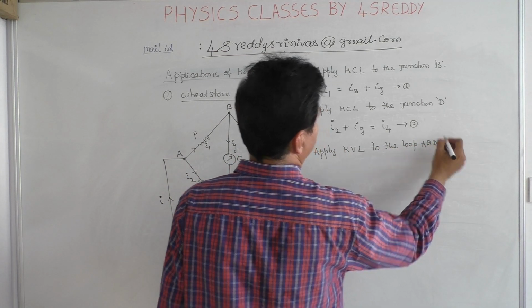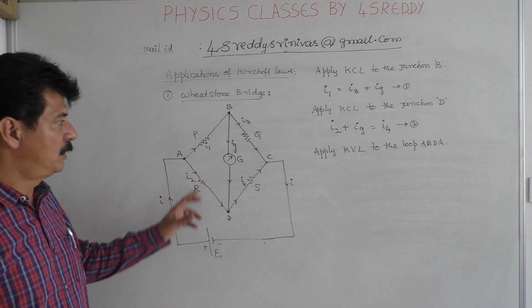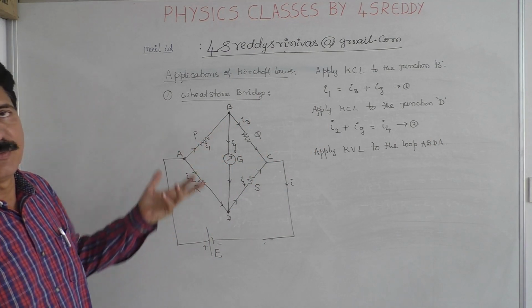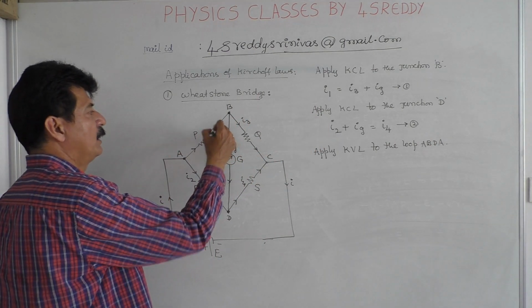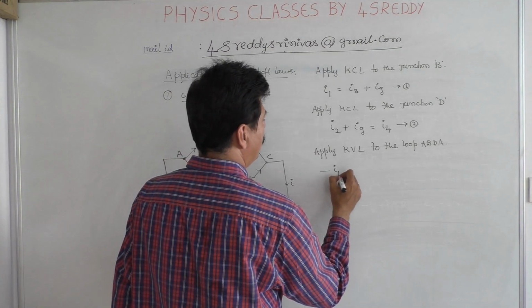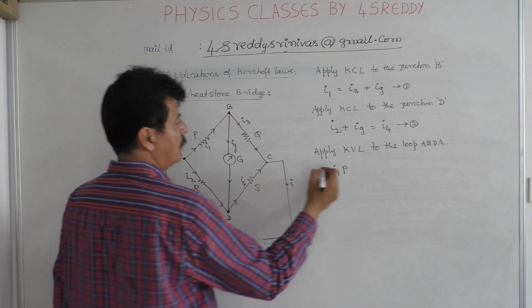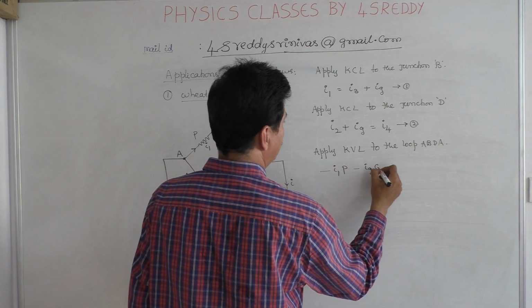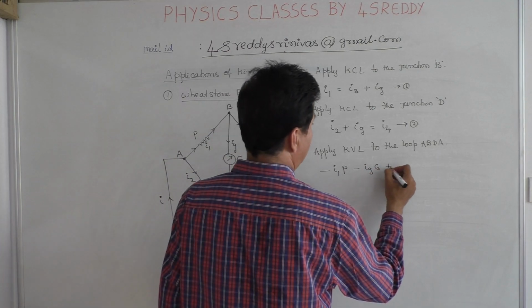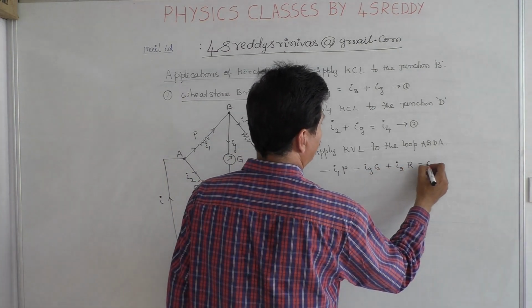ABDA. If you apply this to the loop ABDA, then what happens? In the direction of flow of current, A to B the current is flowing, so it is minus I1 P. In the direction of flow, minus IG G, and moving opposite to the direction of flow, minus means plus, I2 R is equal to 0.